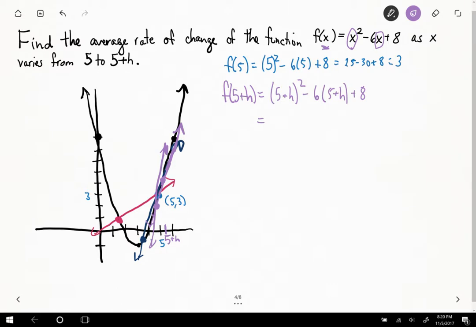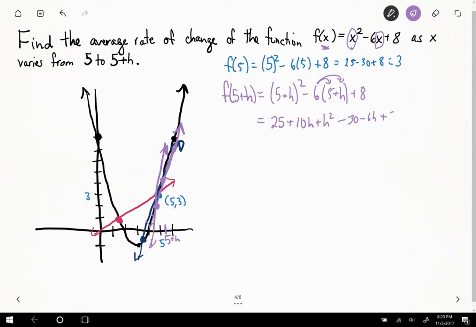And so what happens is we get, if you remember your expansion formula of a square, this becomes 25 plus 10h plus h squared. If not, just write it as 5 plus h times the quantity 5 plus h. And then minus 6 times 5, remember we're going to have to distribute this 6 to both terms. So minus 30 and then minus 6 times h right there.